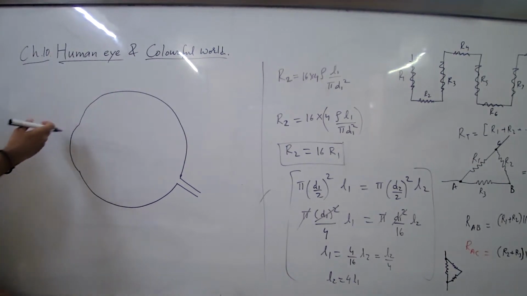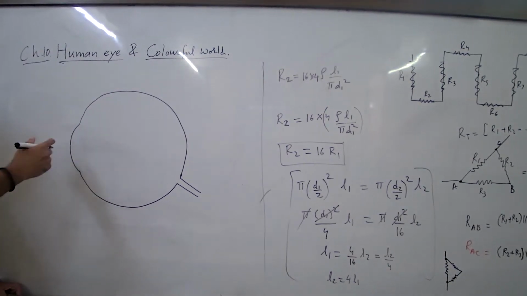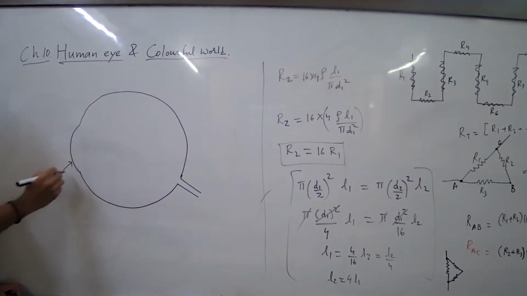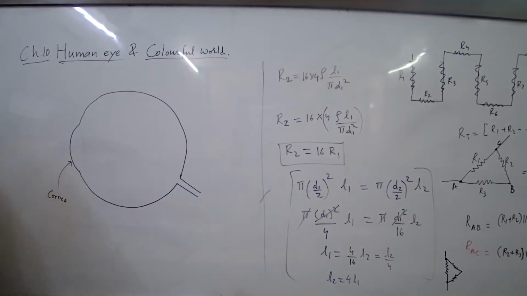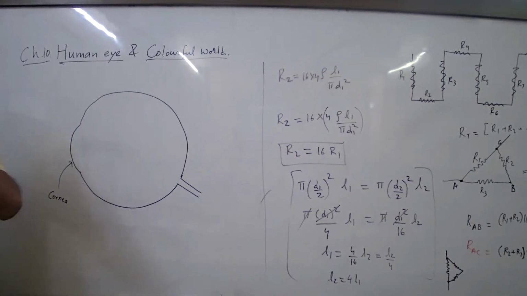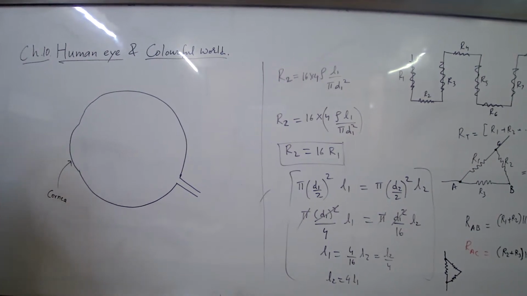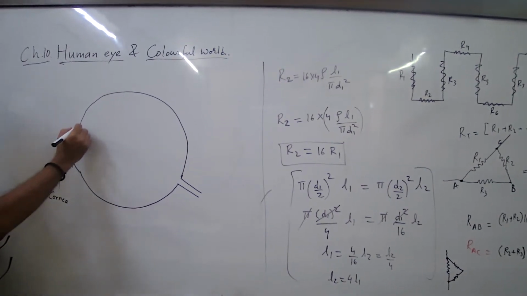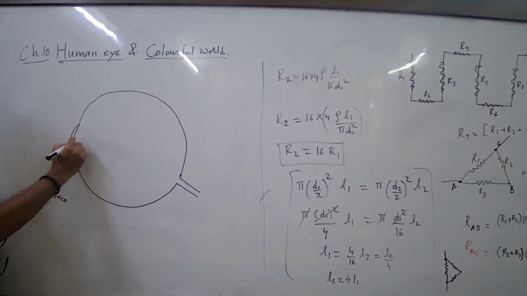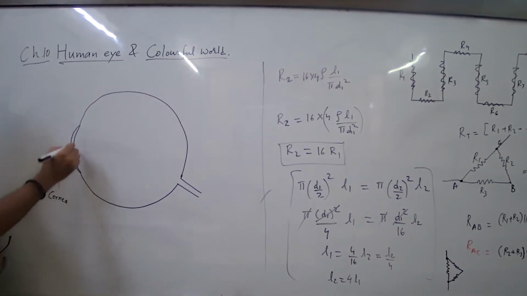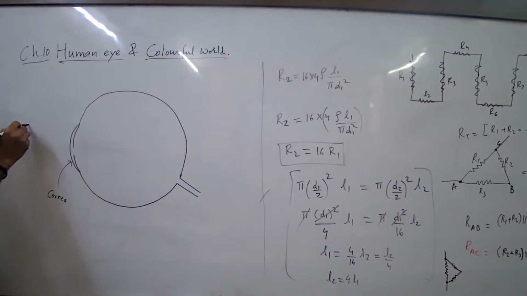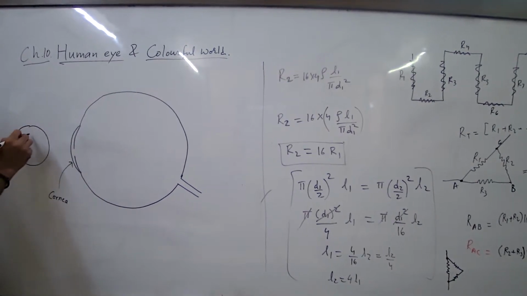There is a bulge out here, right? This is called the cornea. So this color of the eye is after this. What is this layer? This layer, when you see it from the front, appears like this.